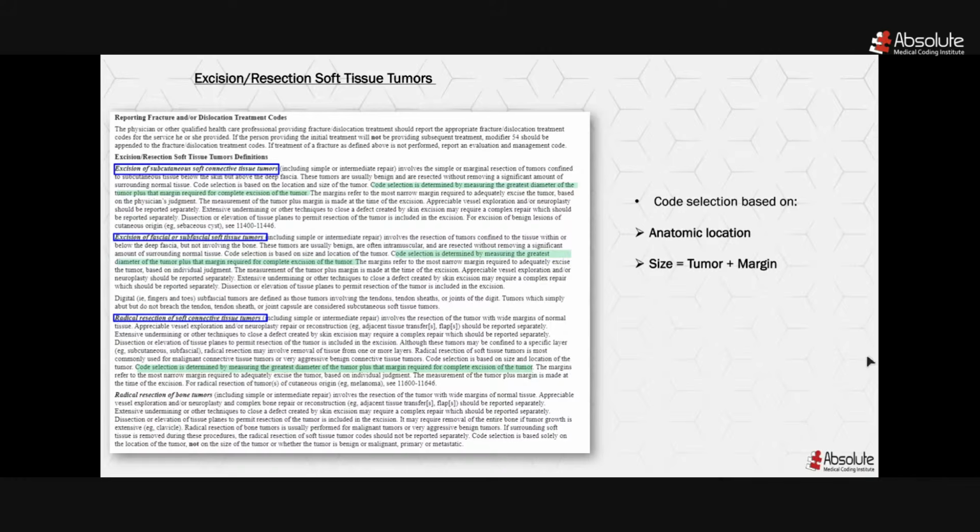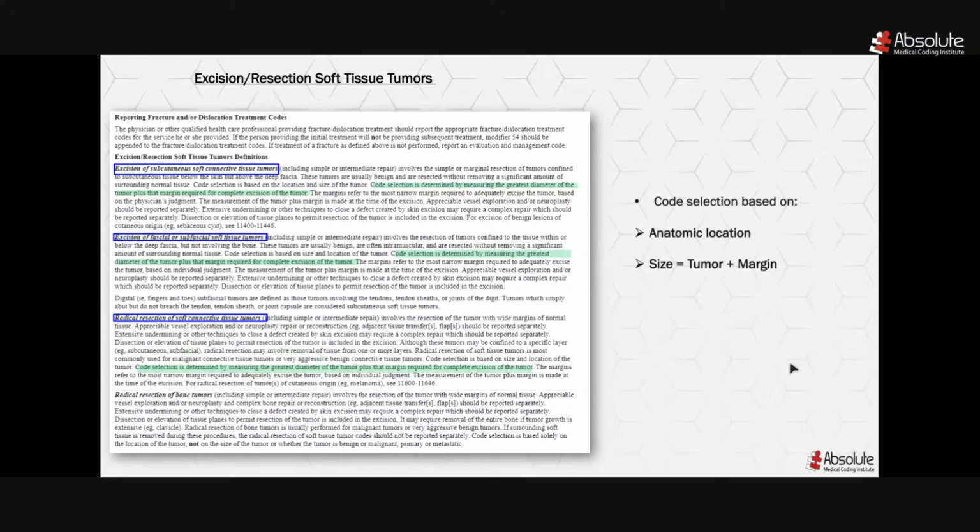So how is size calculated? Size is calculated by measuring the greatest diameter of the tumor plus the margin required for the complete excision of the tumor. This is the same formula which we used for excision under the integumentary category, right? So you can use that same formula for the excision of these three tumor resection categories.